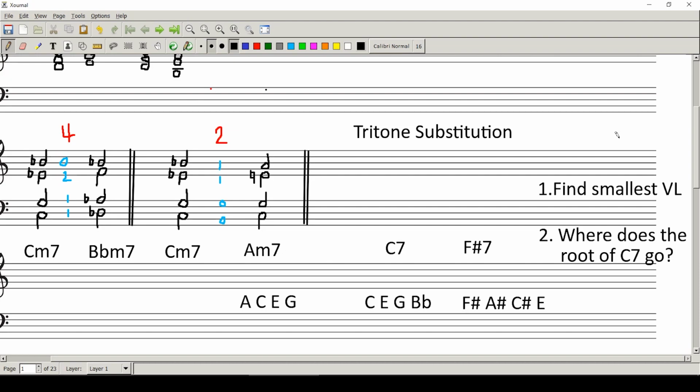All right, so what do you find? Which option gives you the most efficient voice leading for this kind of chord progression? Does the root become the root, the third, the fifth, or the seventh? Root to fifth. Perfect. And when you do that, what's the total amount of motion between the two chords?